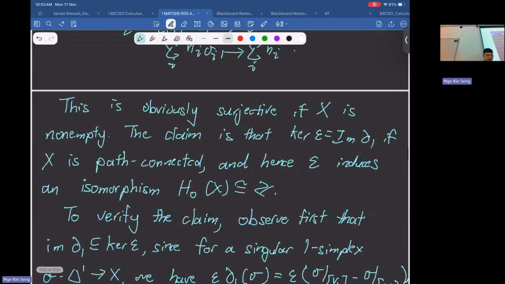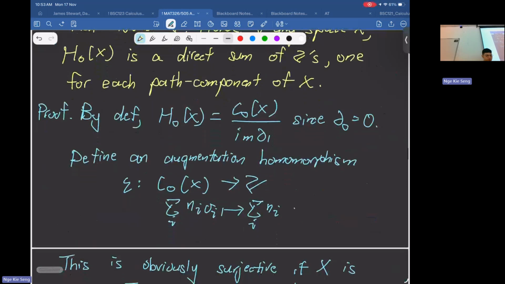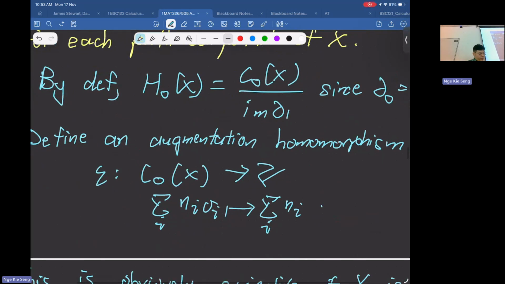Later on, the theory will build on this augmentation homomorphism. You can think of this as an extension of our chain complex, where this Z is appearing in the minus one term. So what's the negative one simplex here?